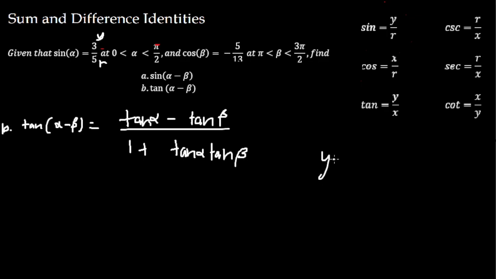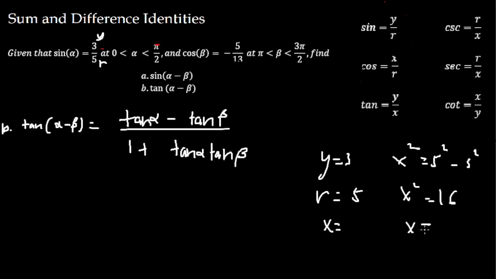Y is equal to 3 and r is equal to 5, and we don't have x. Substitute: 3 squared plus y squared... rather, x squared is equal to 5 squared minus 3 squared. X squared is equal to 25 minus 9, which is 16.